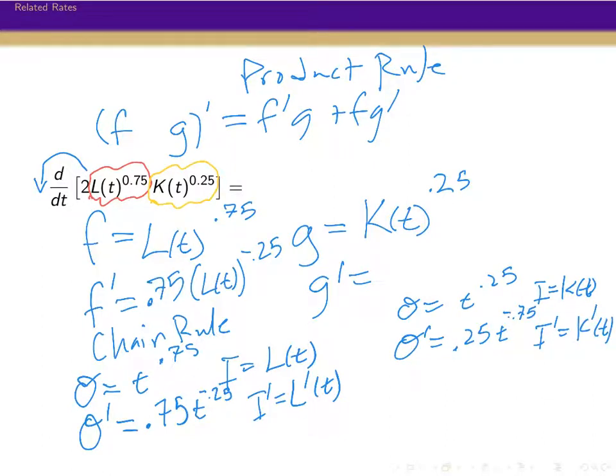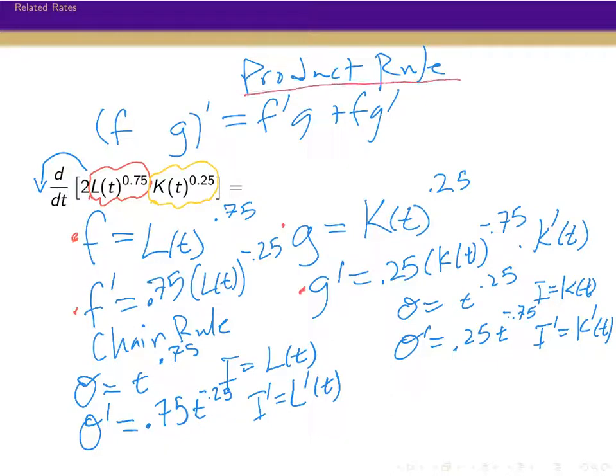So G prime is going to be the derivative of the outside with the inside plugged in times K prime of t. So putting this all together here, now I've got my F, F prime, G, and G prime.